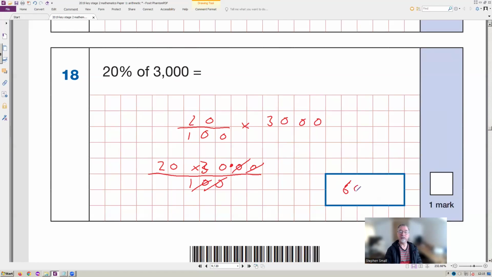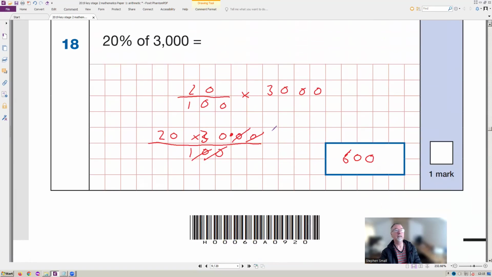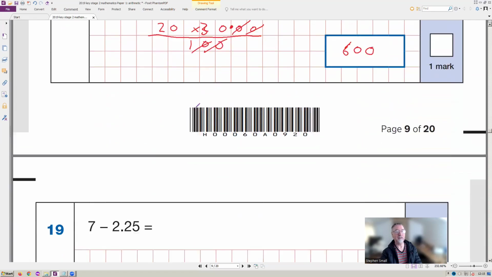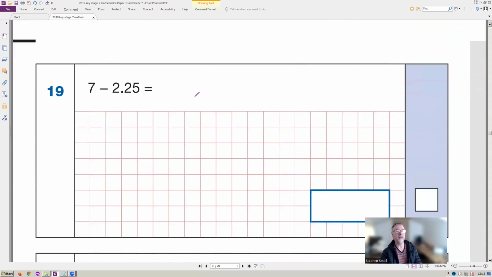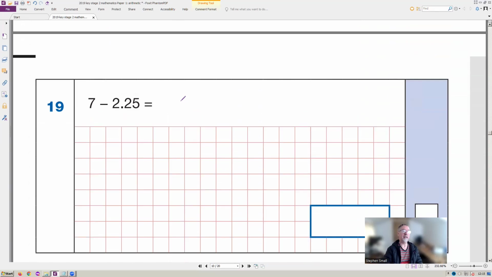So the answer should be 600. Because it's 30 times 20. Yeah, 20 times 30 is 600. Good. Does that look about right? It does. 600 is a fifth of 3,000, which is what 20% is. 20% is the same as a fifth. So it's always good to check in your head a bit.